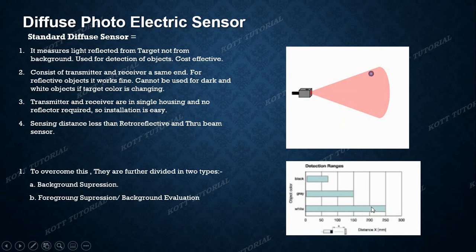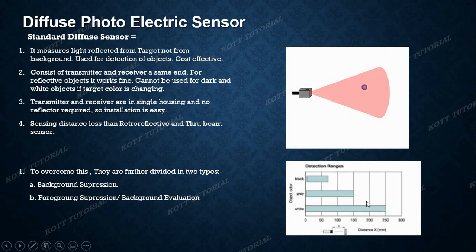And if I am having only a white color product at a distance between 200 and 250 mm, I can use the standard diffuse photoelectric sensor. But the problem is that if I am having a multicolor product which has black color also, gray color also, white color also, at a distance of 200 mm, in this case I cannot use this sensor.